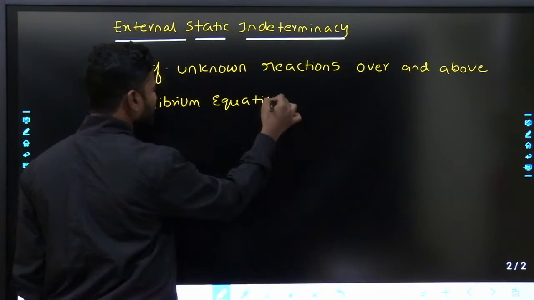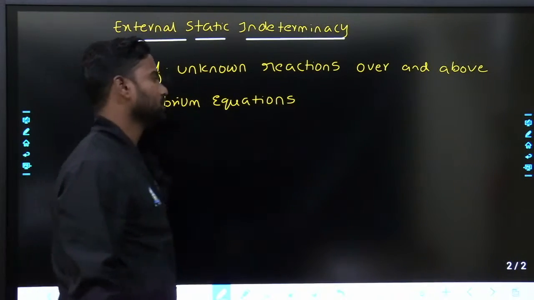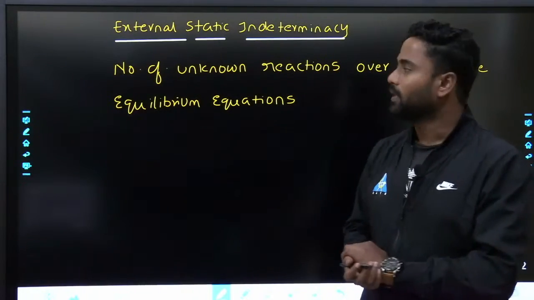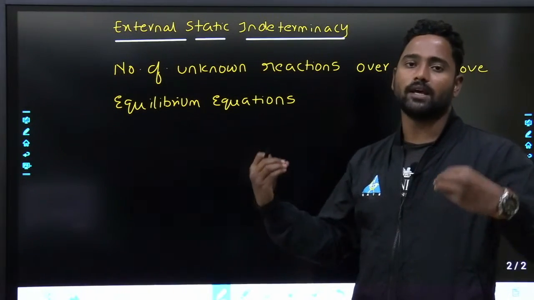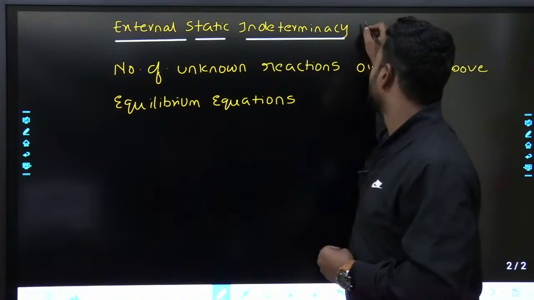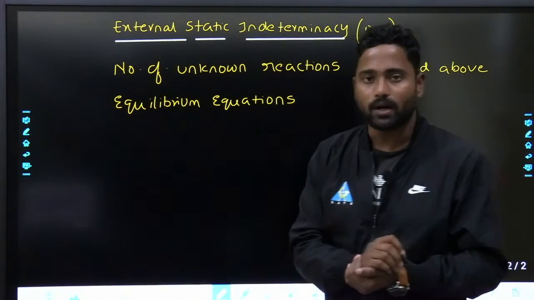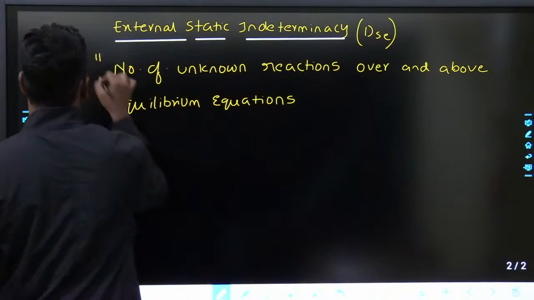So what is meant by this, what are equilibrium equations, what are the reactions at the supports, all those things we will see. But whenever they ask what is external static indeterminacy, DSE, it is number of unknown reactions over and above the equilibrium equations.